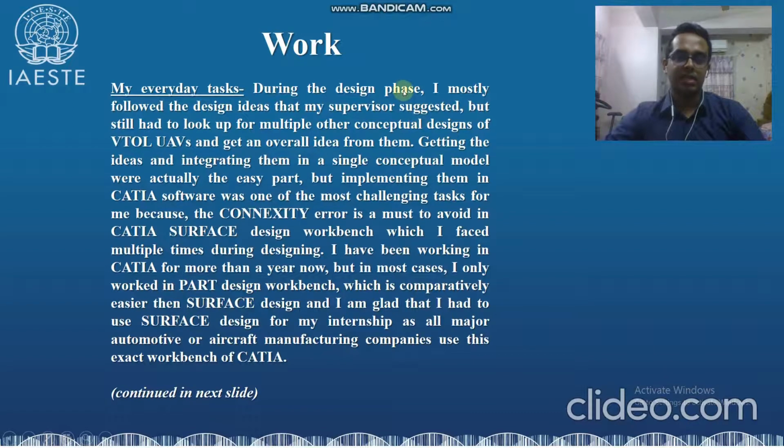So in my everyday tasks, I followed the design ideas that my supervisor suggested, which I used for my primary design. But apart from that, I still had to look up multiple other conceptual designs of VTOL UAVs and get an overall idea from them, how the wing and the fuselage connect, how the rotors are designed, because there are a lot of calculations for the rotor selection.